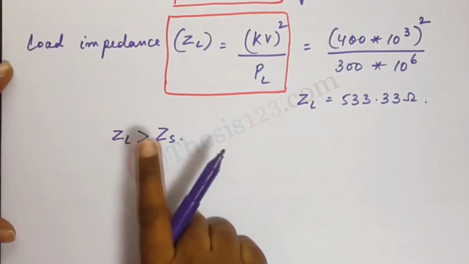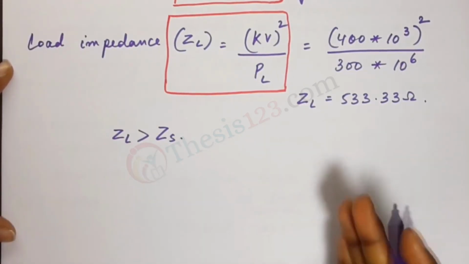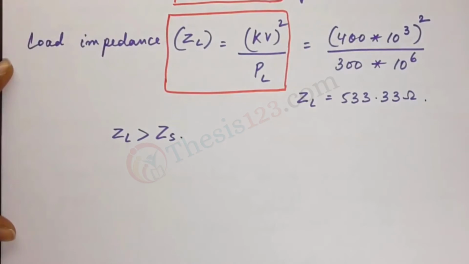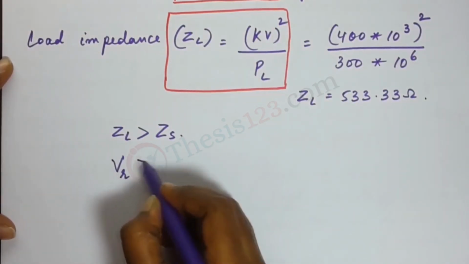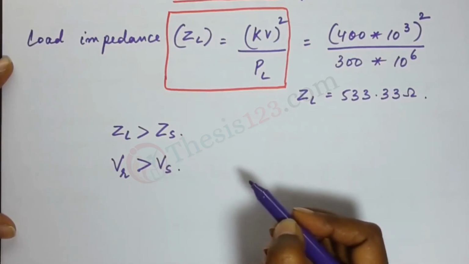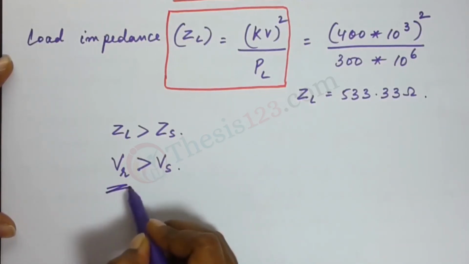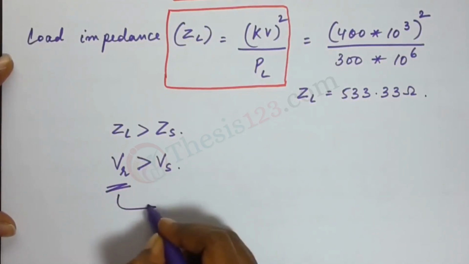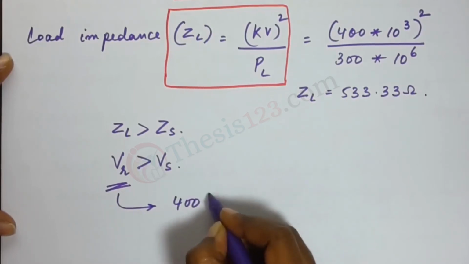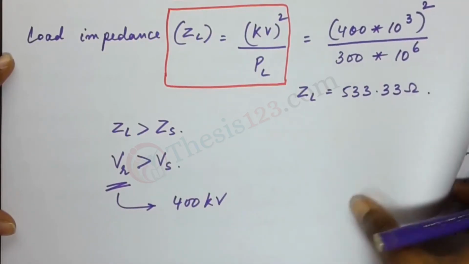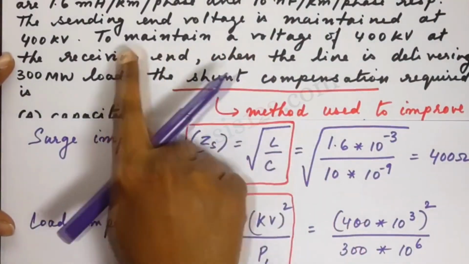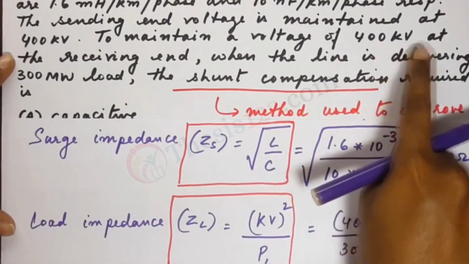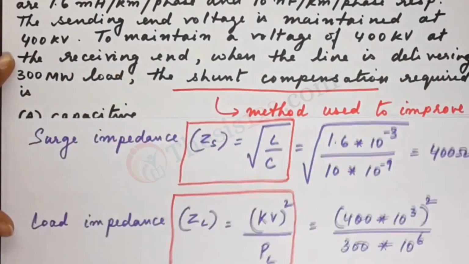Now when ZL is greater than ZS, that indicates that the receiving end voltage will be more than the sending end voltage, so VR is greater than VS. In order to reduce this voltage and keep it at a level of 400 kilovolts, that's what has been asked, to maintain a voltage of 400 kV at the receiving end.